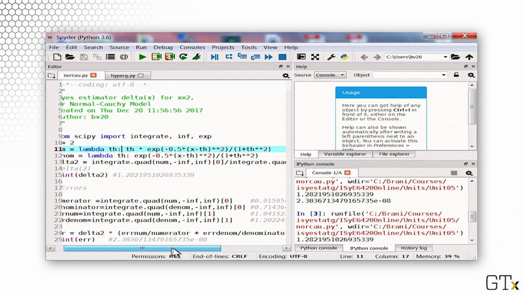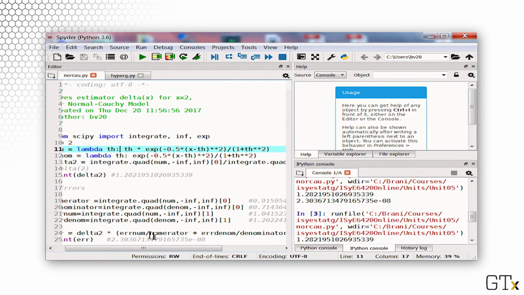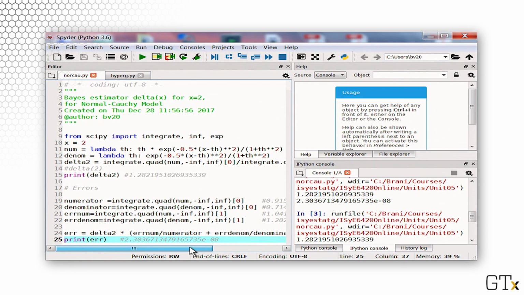It is simply error of the numerator divided by the value of the numerator, plus error of the denominator divided by the value of the denominator, times delta 2, the ratio. And the error that we made by this numerical integration for this ratio is of the order 2.3 times 10 to the minus 8. So it is quite precise.